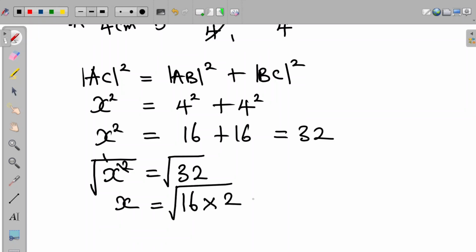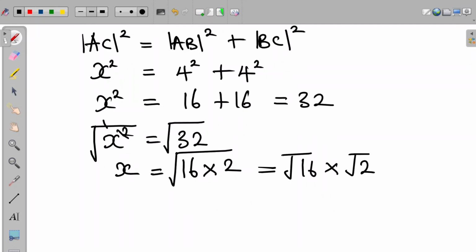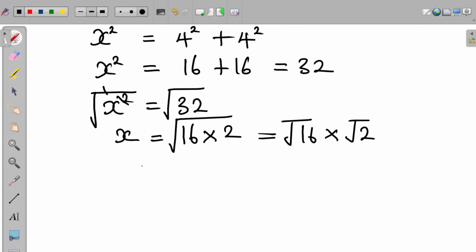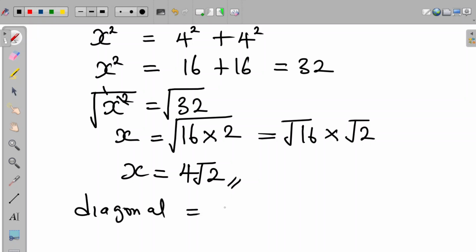This can also be expressed as root of 16 times root of 2. So 16 is a perfect square. So therefore, x is equal to root of 16 is 4, and we have root 2. So we are saying that the diagonal is equal to 4 root 2 cm.